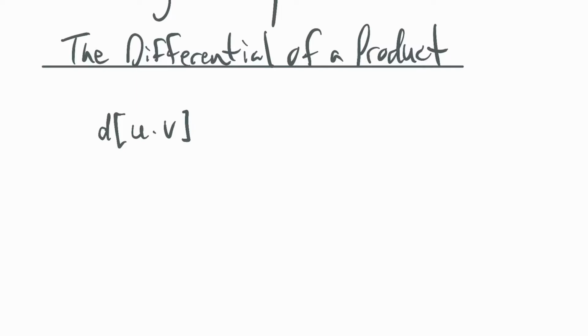One way is to say that this is d/dx of the product u times v, times dx. This would be just by definition of what a differential is from Cal 1. This is not the only way to do it, but this is maybe the most straightforward.